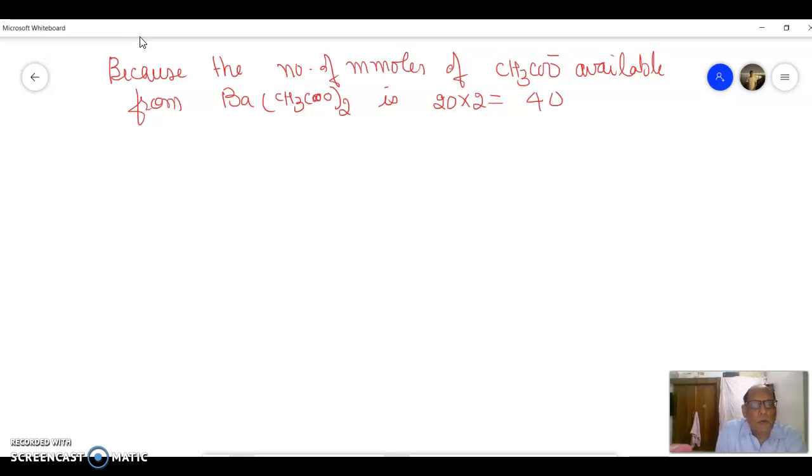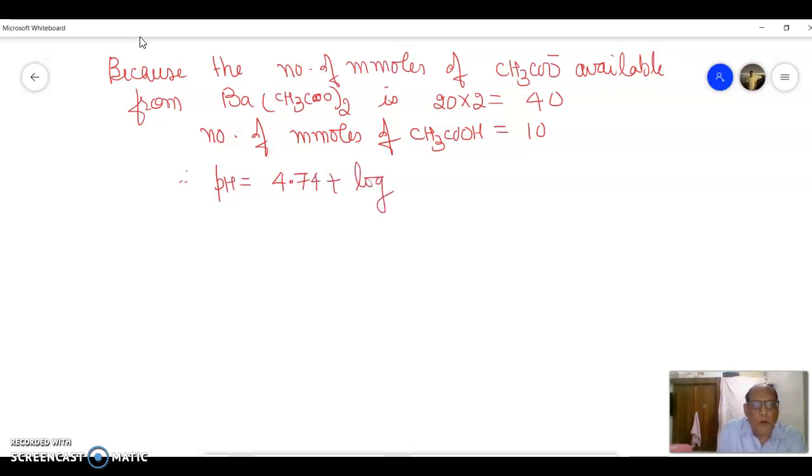And the number of millimoles of acid as usual are 10. Number of millimoles of acetic acid equal to 10. Therefore, pH of this buffer solution will be pKa 4.74 plus log salt.